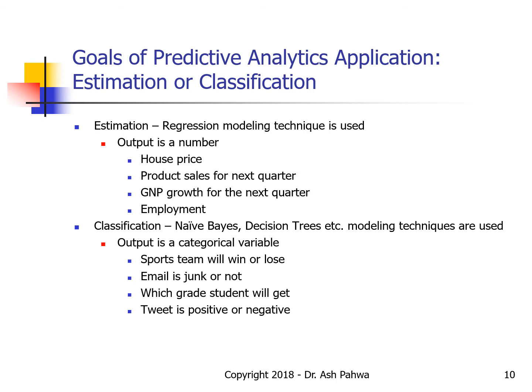That is the basic difference between different modeling methods. Some modeling methods like regression are very good for outputting a number, whereas other modeling methods like naive Bayes, decision trees, and a few other ones only generate a categorical variable. So that is the way by which we can split the goals of a predictive analytics application: either estimation or classification.